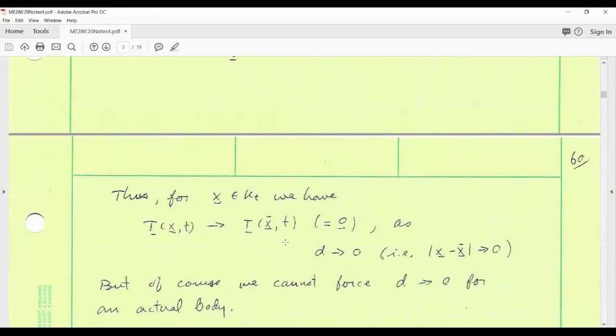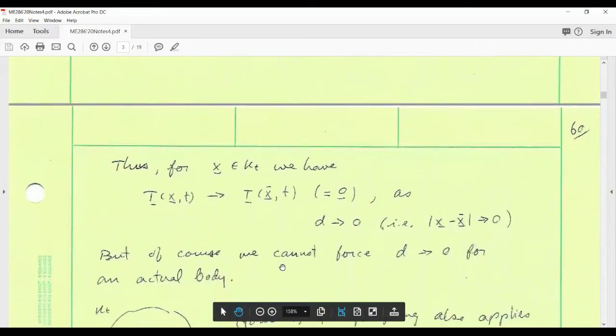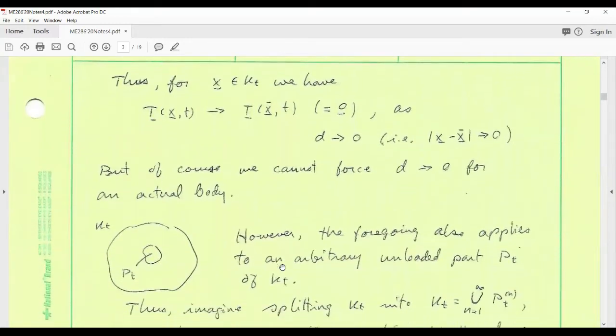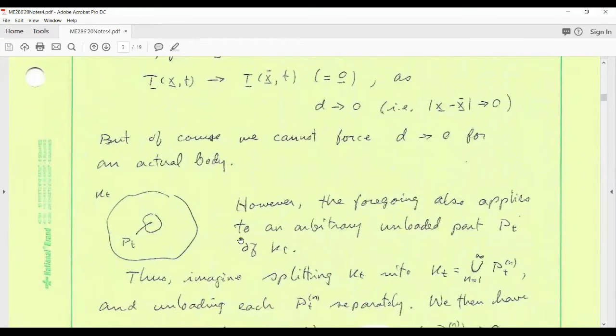Okay, so in fact, we can't do this because we're stuck with a body of finite size, but we can do the next best thing. What we can do is apply the mean stress theorem to an arbitrary subvolume. Call it P sub t of the current configuration.